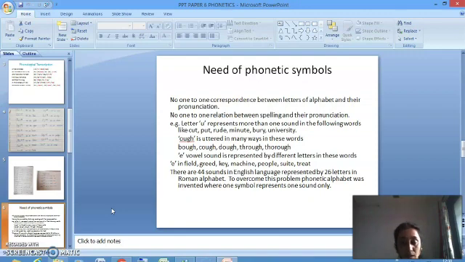So the letter U represents more than one sound, different sounds. So there is no one-to-one relation.